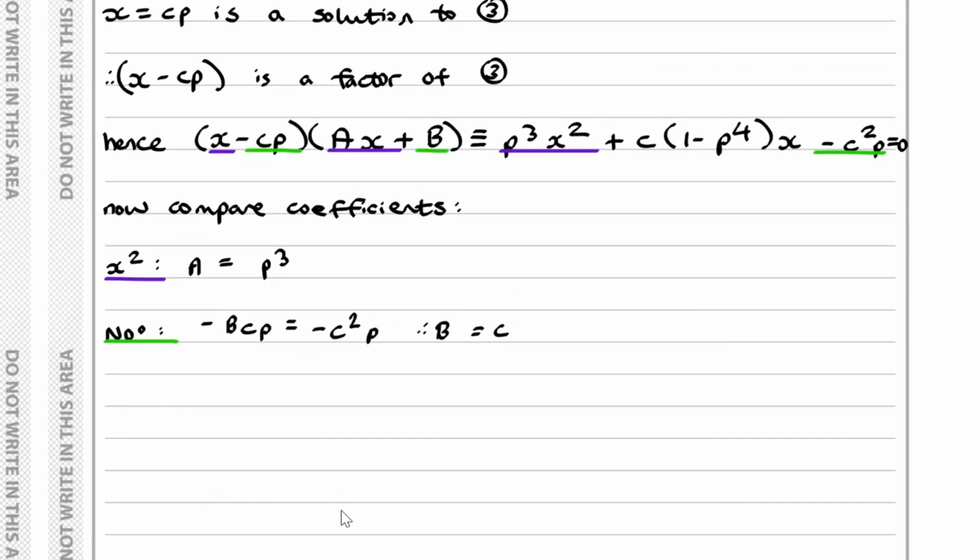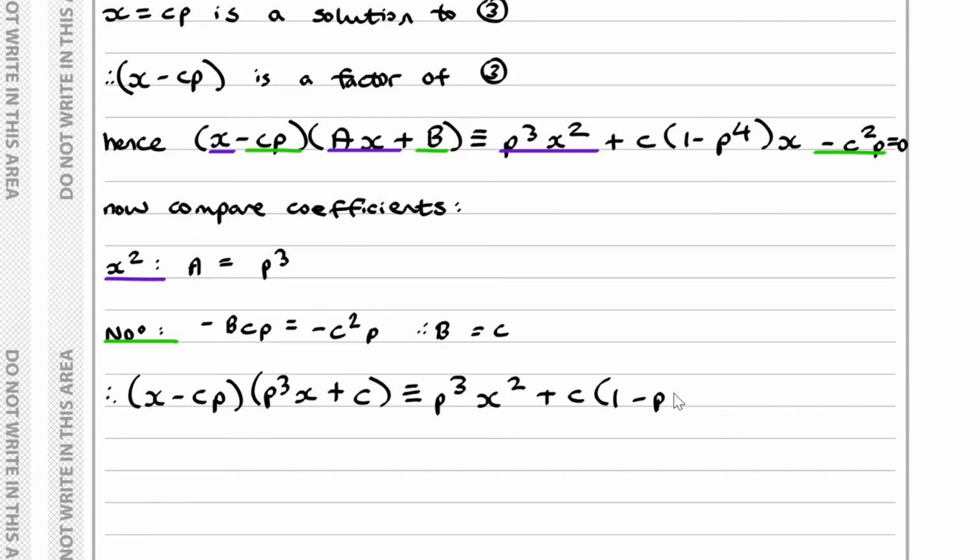Okay, and therefore we can conclude that we have x minus cp lots of ax plus b. So we have ax, so we have p cubed x plus c, and this over here is equivalent to p cubed x squared plus c lots of 1 minus p to the power of 4 lots of x minus c squared p.